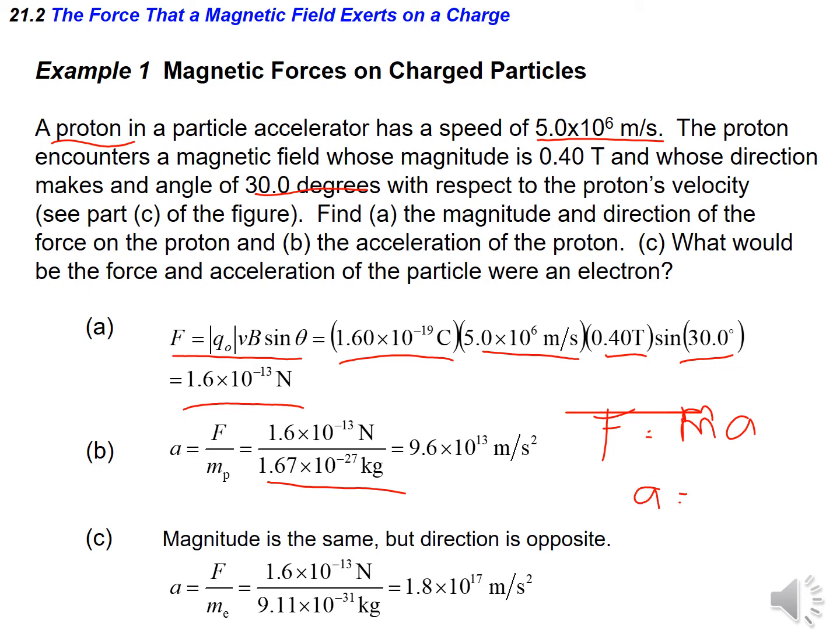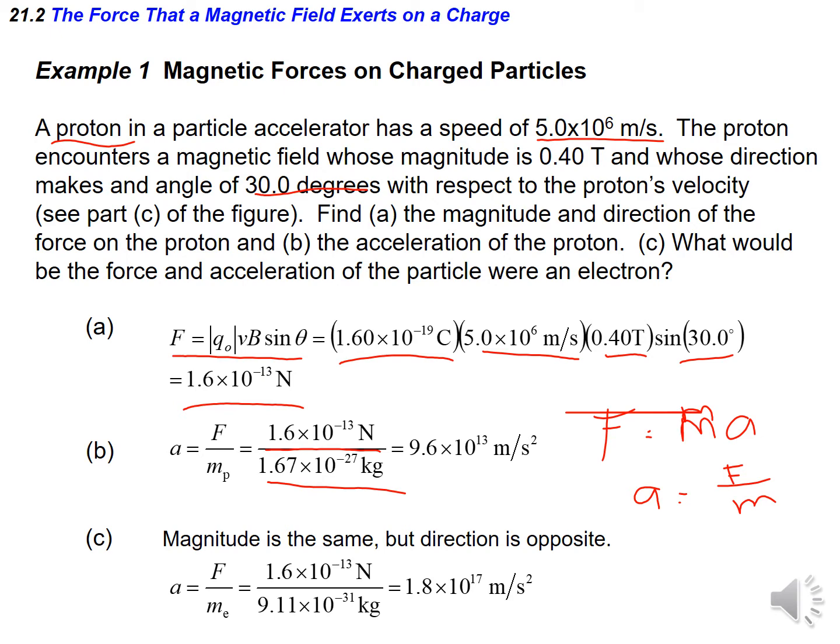So acceleration is simply force divided by mass. The force here is the computed magnetic force, 1.60 times 10 to the negative 13 newtons, divided by the mass of the proton, which is constant, 1.67 times 10 to the negative 27 kilogram. So the acceleration here is equal to 9.6 times 10 to the 13 meters per second squared.